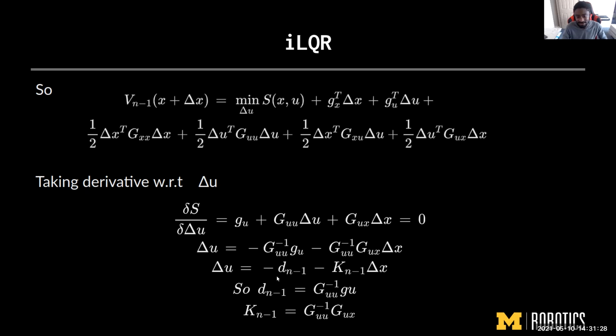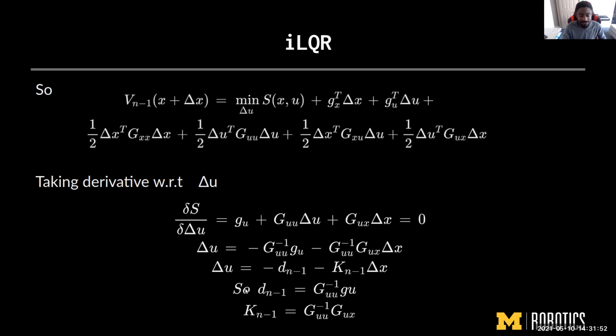Replace that with the variable d of n minus 1. And then we replace this inverse of big G sub uu times big G sub ux with this variable k. And so just like in LQR, we basically just wanted to replace the whole thing with some simple variable. That way we can manage things well.